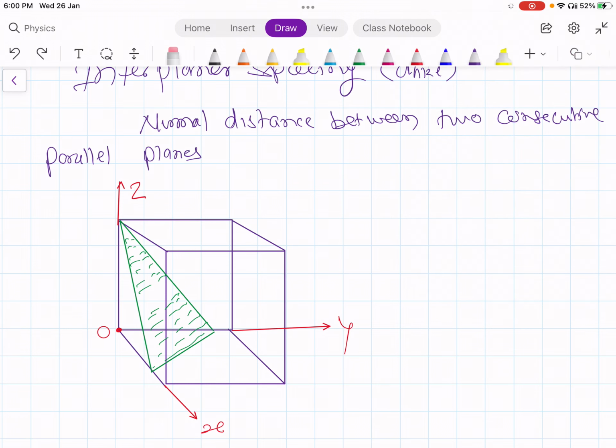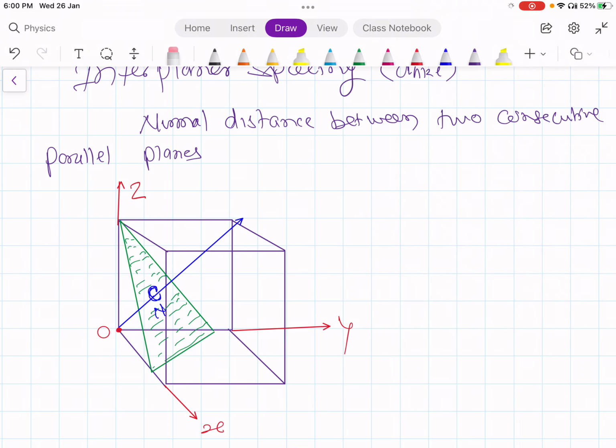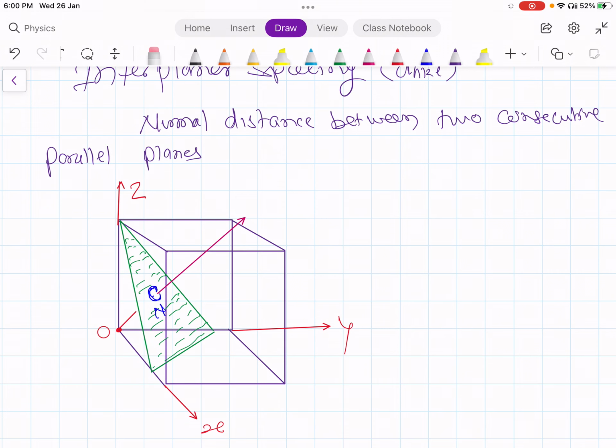Let me show by different colors. This point is N. So this ON is normal to the plane.